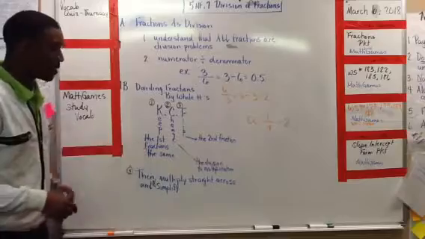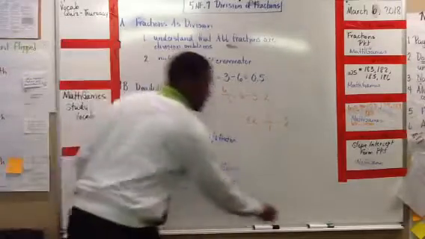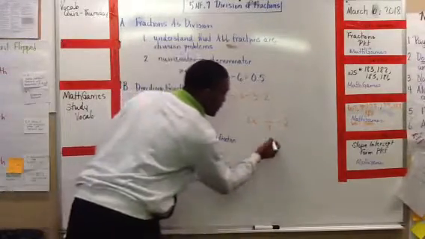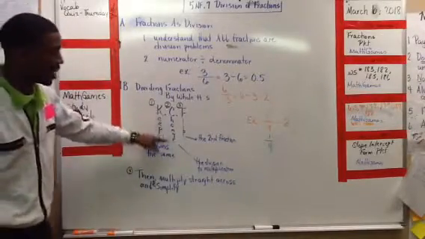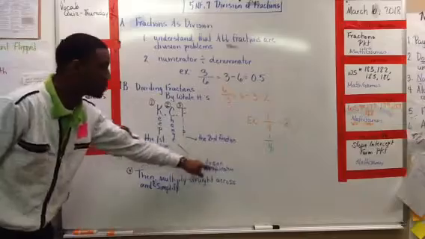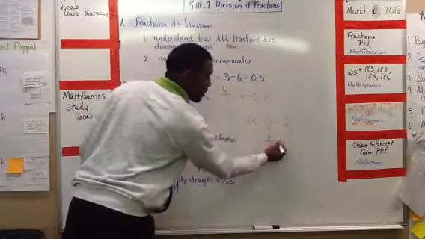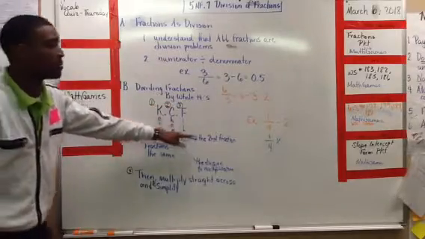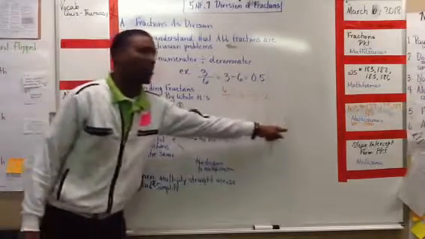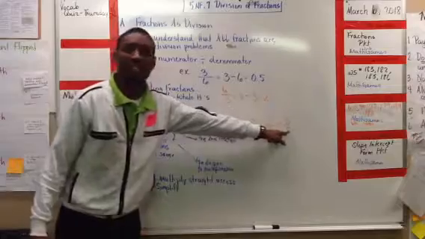Step 1 says keep the first fraction the same. So when I keep something the same, I do that by just bringing it down. Step 2 says change the division to multiplication. So where you see division, put a multiplication symbol. Step 3 says to flip the second fraction. Oh, I've got a whole number. It's not a fraction yet.